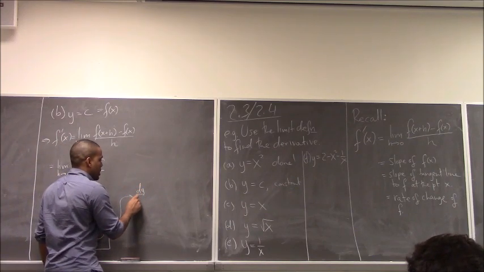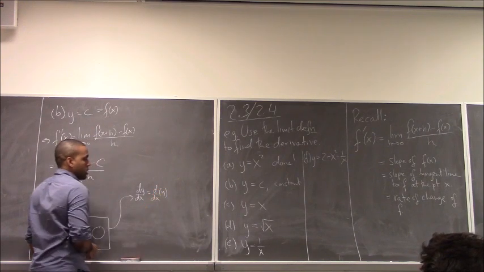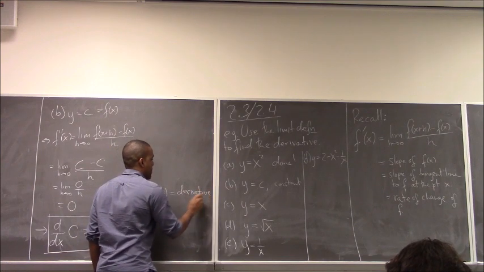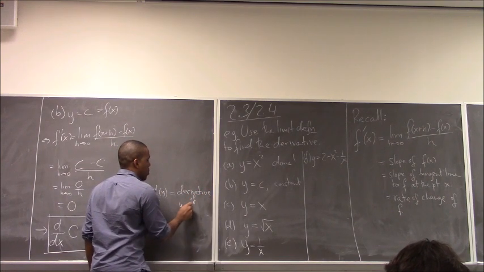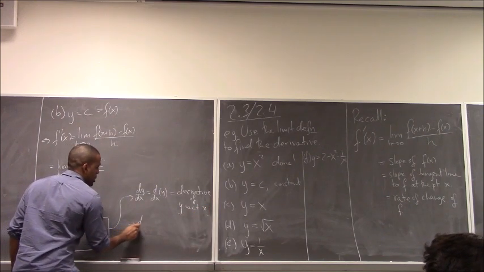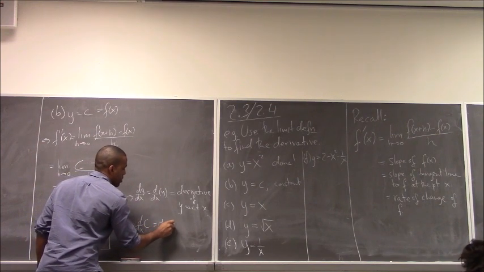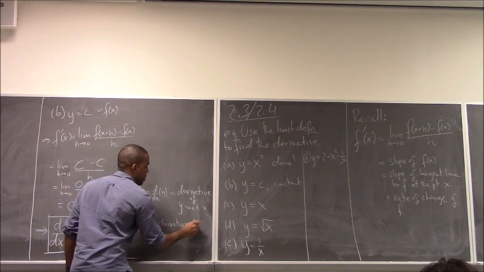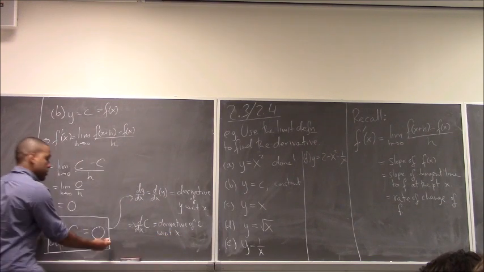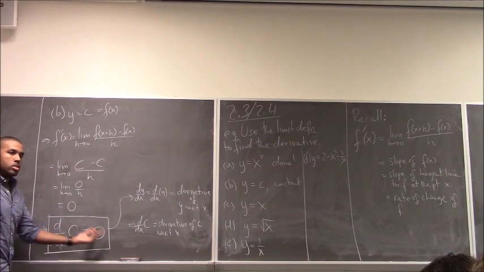When you see dy dx, or that's the same as d dx of a function y, it just means the derivative of y with respect to x. So when you see d dx of c, that just means the derivative of c with respect to x. So this is how I can state the rule. The derivative of a constant is 0.